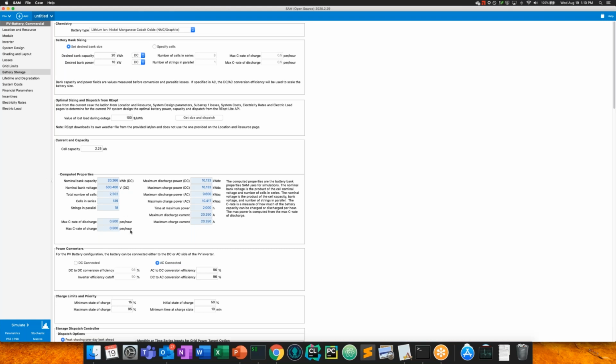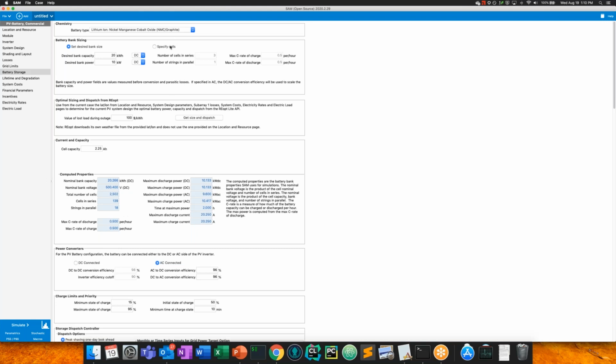And that gives us our max C rate as C over 2. So then we can see that the max discharge power is 10 kilowatts, and the max discharge and charge currents are 20 amps. And we can operate at the maximum power for 2 hours.